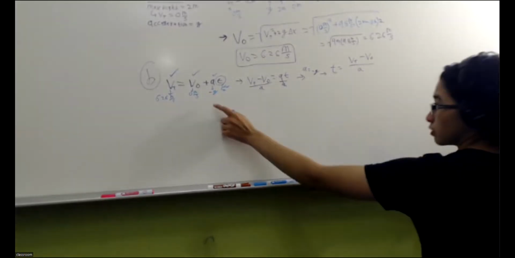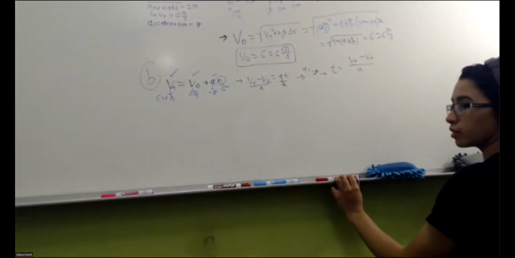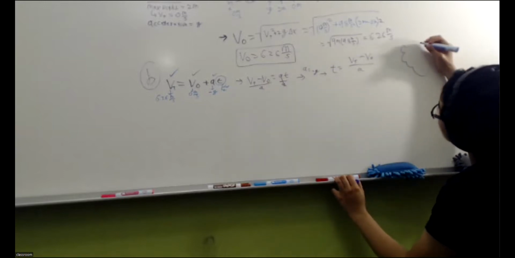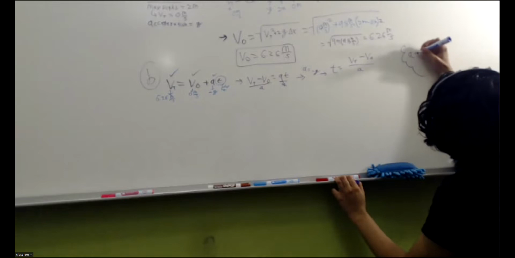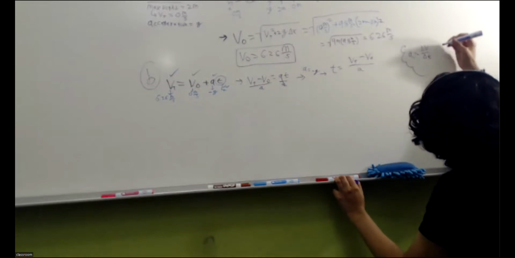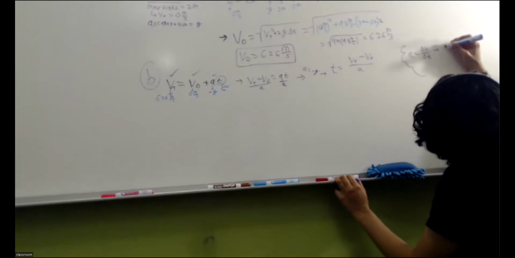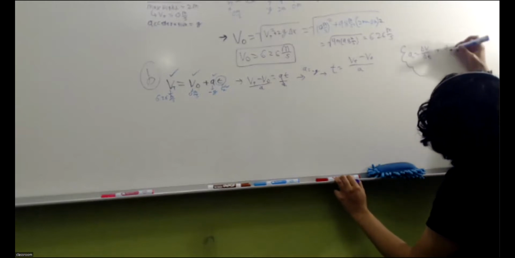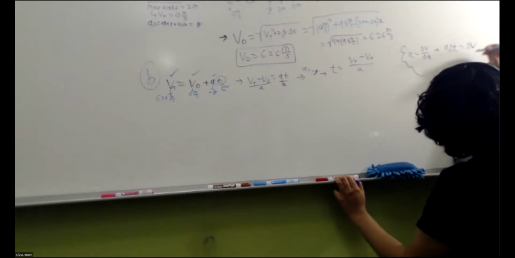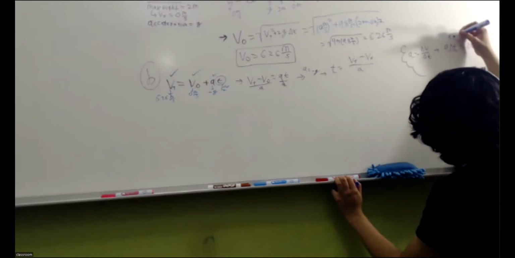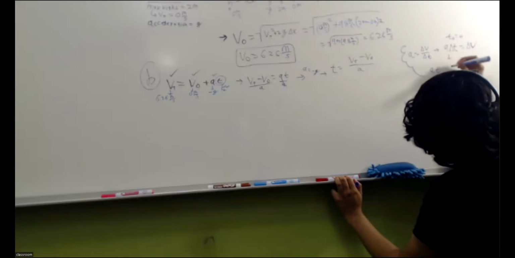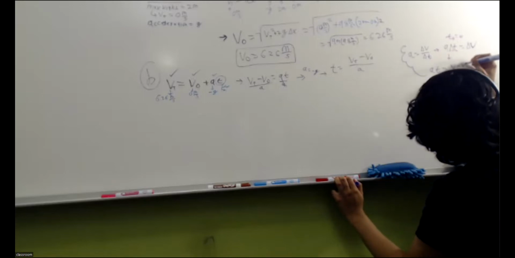Remember that this is one of the ways that we derive this kinematics equation. Because you know that A is equal to delta V over delta T. So that means A delta T is equal to delta V. You assume T naught is equal to 0, so then that gives you AT is equal to V minus V naught.